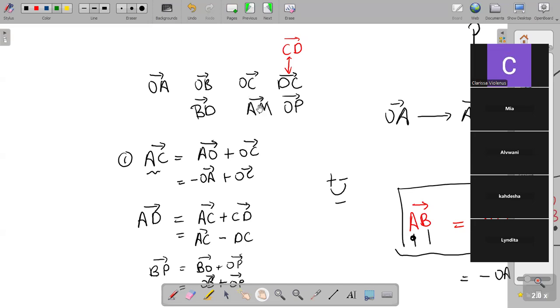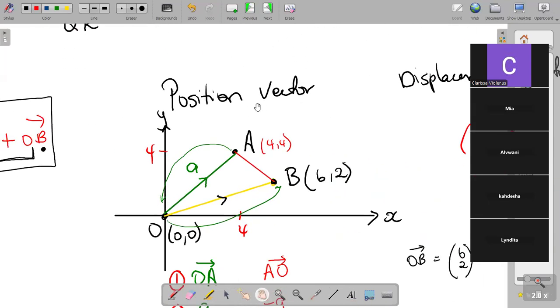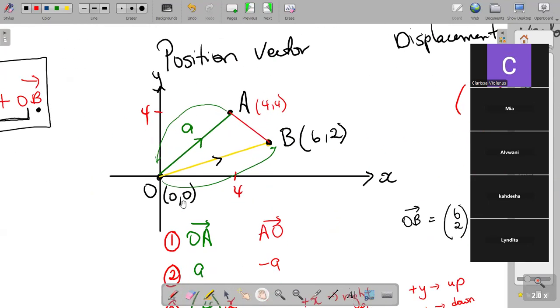Let's try AM. What type of vector is AM? Excellent. So just to highlight these two things, how do I know that this is a position vector? What was the definition of a position vector? A position vector starts at the origin. So obviously, what letter is going to come in front all the time?